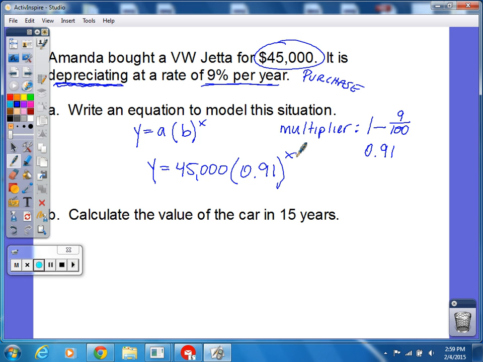Part B asks to calculate the value of the car in 15 years. So if that's what we're charged with doing, we're going to take a look at that equation, $45,000 times 0.91, and we're going to raise it to the 15th power to see what it was worth in the 15th year that Amanda owned the car.